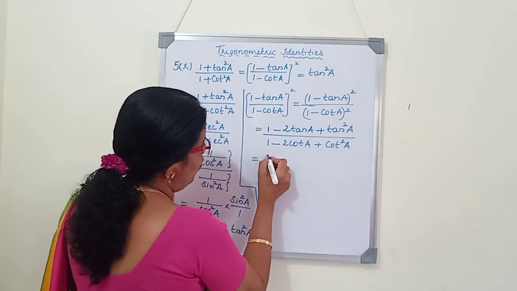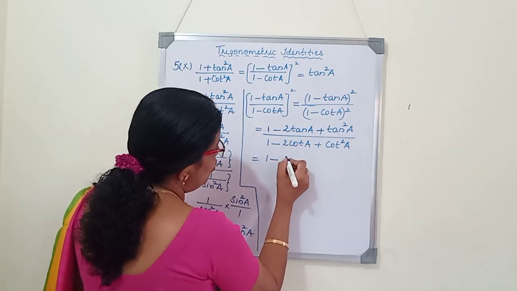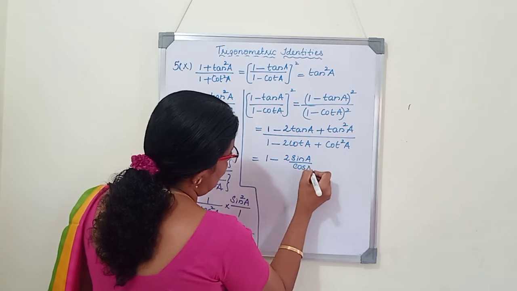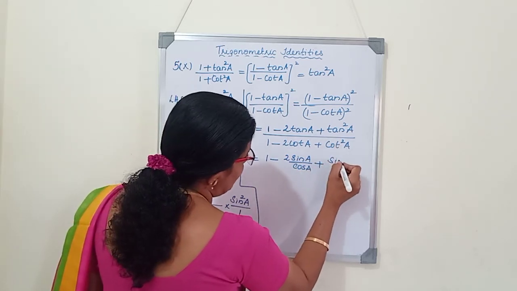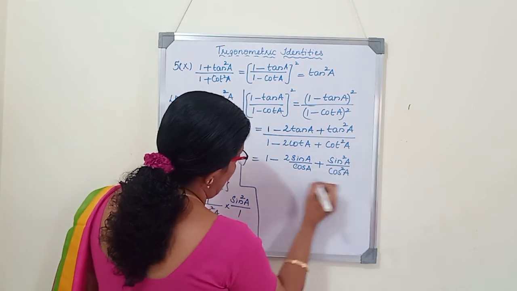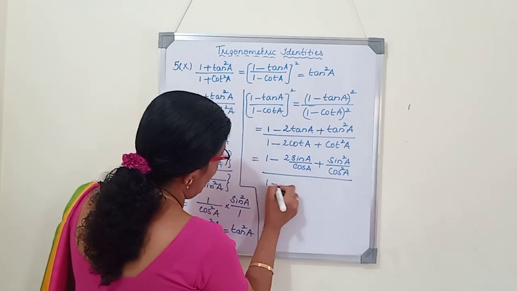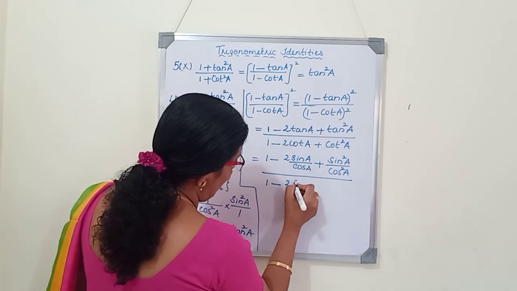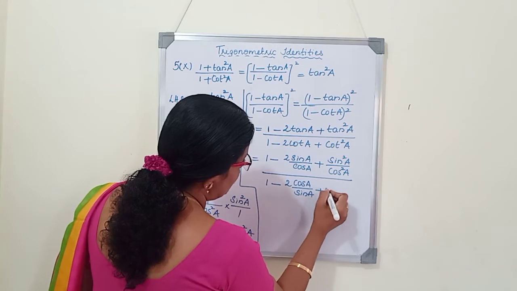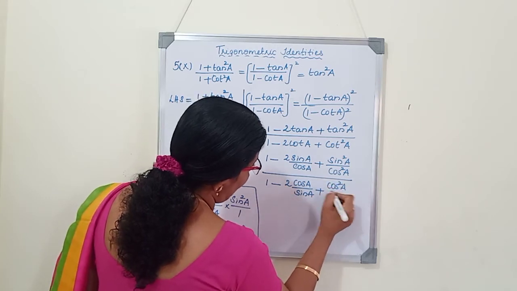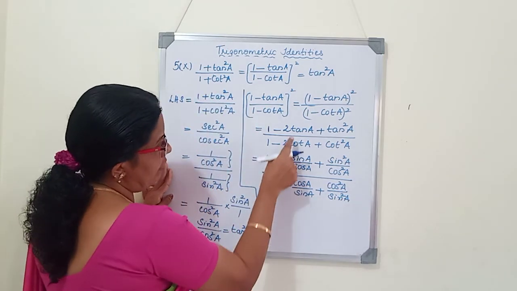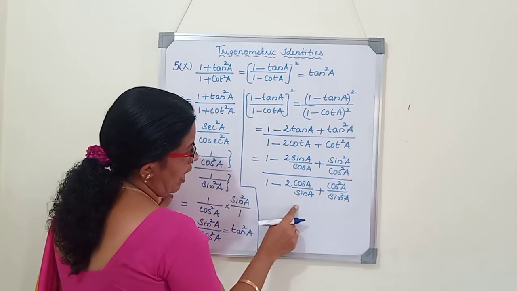So first we will write 1 as it is, minus 2 sin A by cos A, plus tan square we can write as sin square A by cos square A, divided by 1 minus 2 times cos A by sin A, plus cos square A by sin square A we can write. So in the numerator and denominator we converted tan and cot in terms of sin and cos.